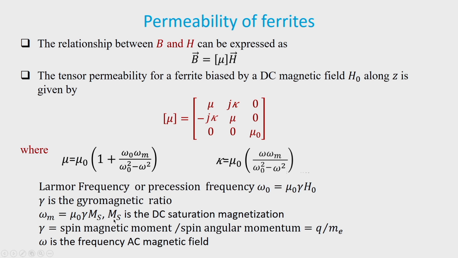This is denoted by M_s, and omega_m is mu naught times the gyromagnetic ratio gamma times M_s.